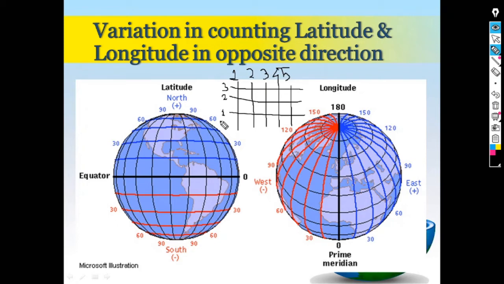Now we can see over here, these are your latitudes which are in horizontal fashion, but for reading its values you have to move in vertical fashion. That is 1, 2, 3. These lines are vertical, which are your longitudes, and these are its values. But for reading the variation in those values, you will have to move horizontally. That is 1, 2, 3, 4, 5. Right?